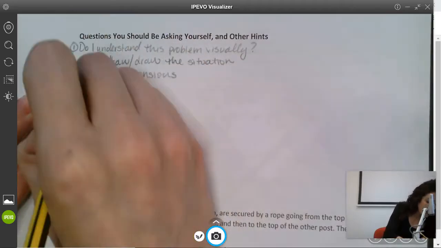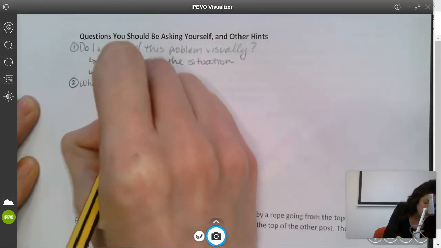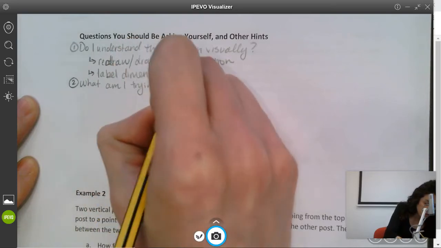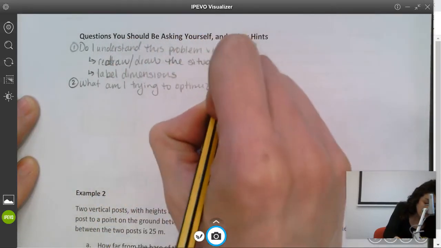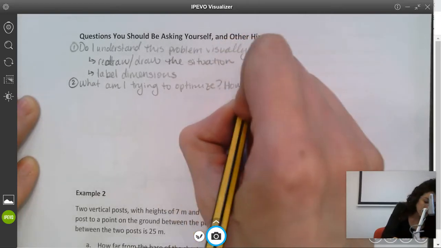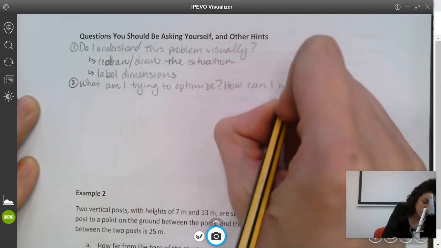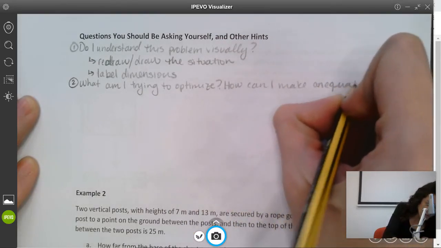What am I trying to optimize? And how can I make an equation for this?